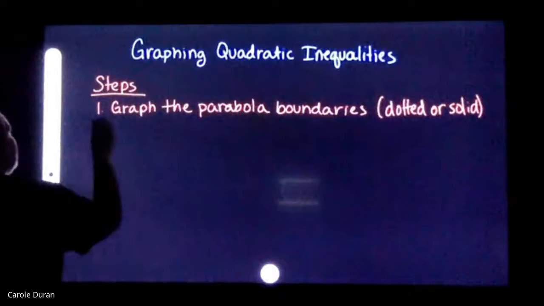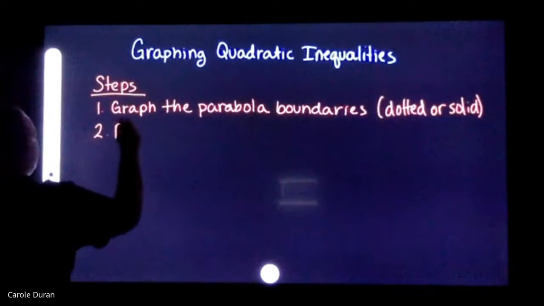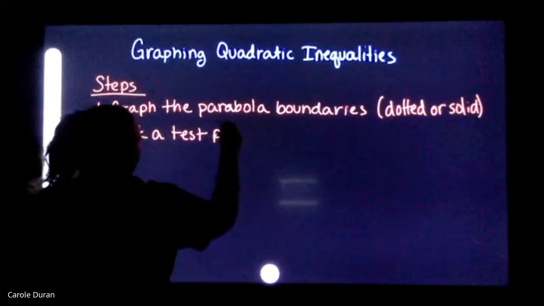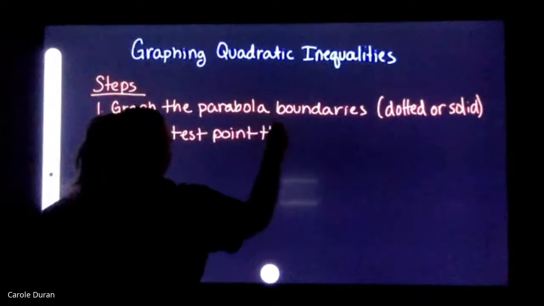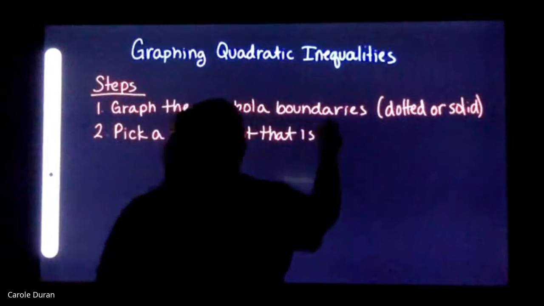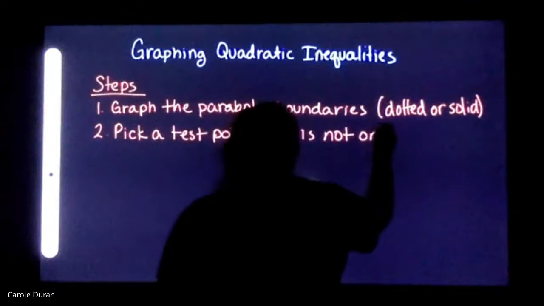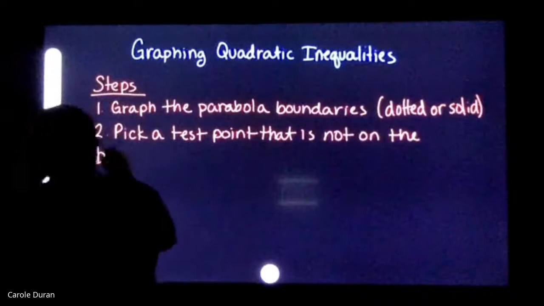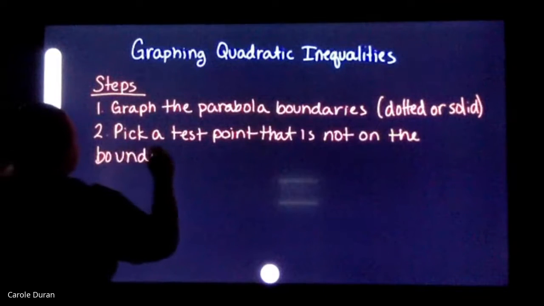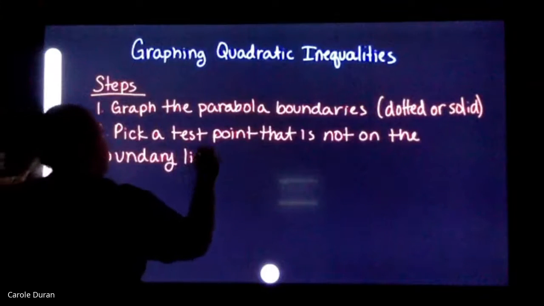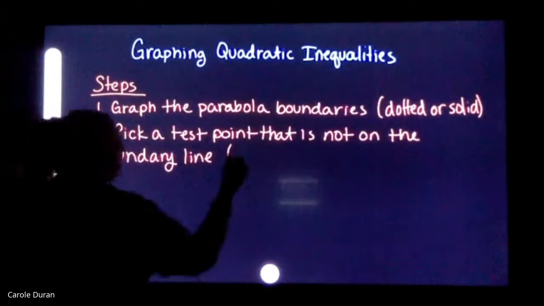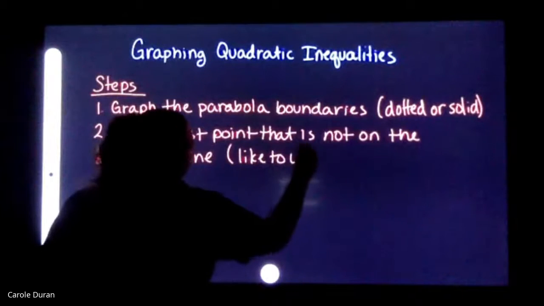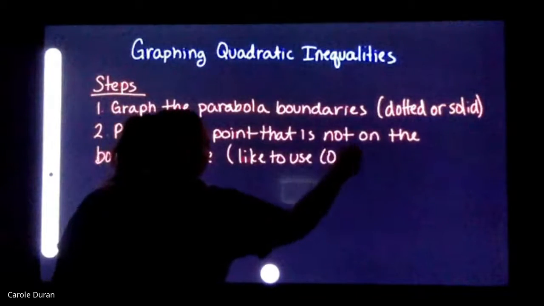Once we've graphed it, we need to pick a test point that is not on the boundary line. I know previously we liked to use 0, 0 because it's really easy to plug in.